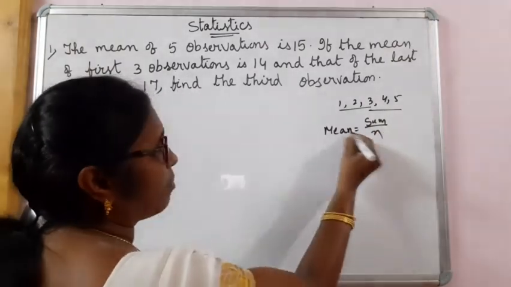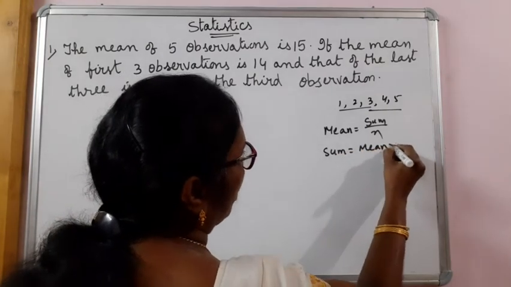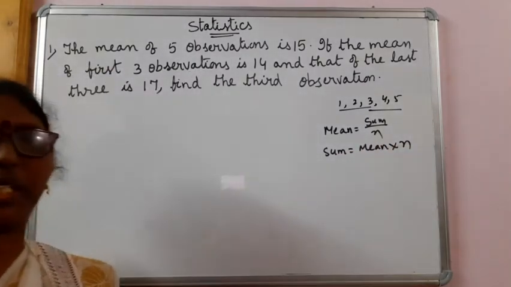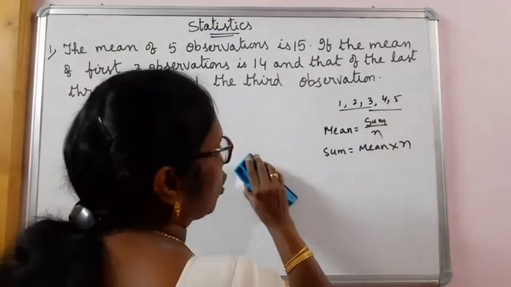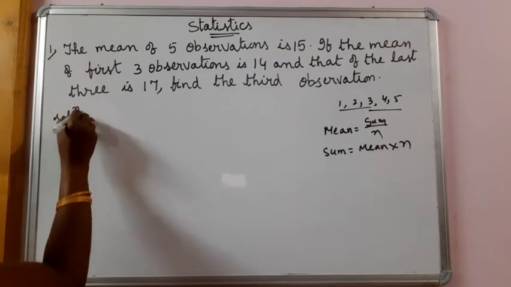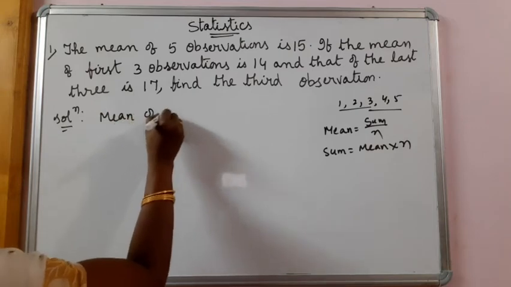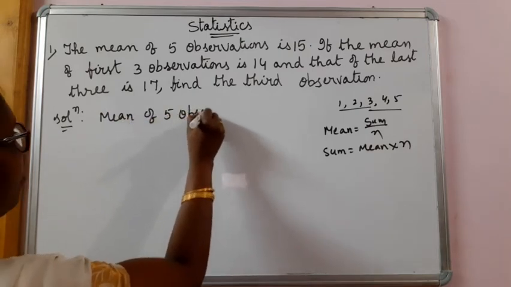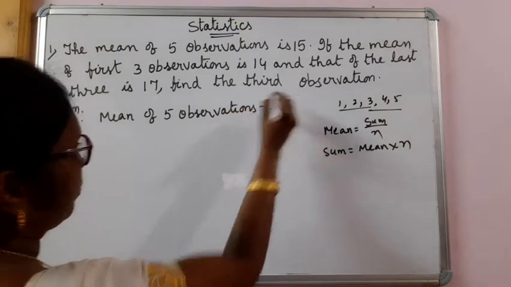So mean into number of observations gives you the sum of observations. What is given to us is the mean of 5 observations, which is 15.